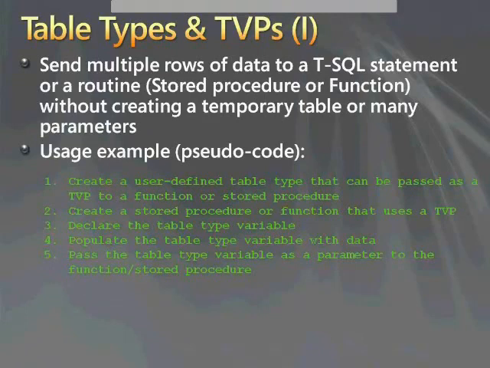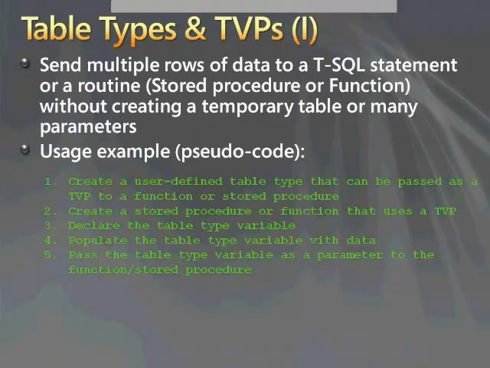The first step is to create a user-defined table type that can be passed as a TVP to a function or stored procedure. Step 2 is to create a stored procedure or function that uses a TVP. Then you have to declare the table type variable, populate the table type variable with data, and last, pass the table type variable as a parameter to the function or stored procedure.